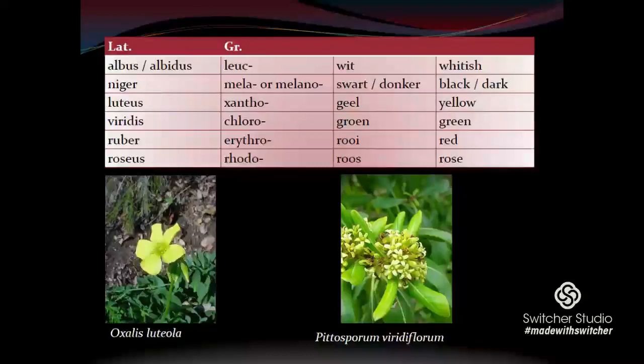We had oxalis earlier, purpurea, isn't it? Viridis for green, viridiflorum, Pittosporum viridiflorum, or chloro, as in the element on the periodic table, green. Ruber, erythro, we've had that one for red. Roseus, rhodo for rose, as in rhododactylos Eos, rosy-fingered dawn.